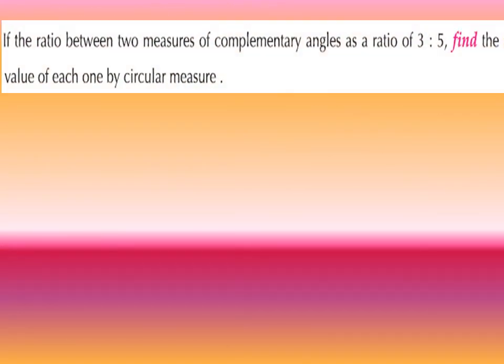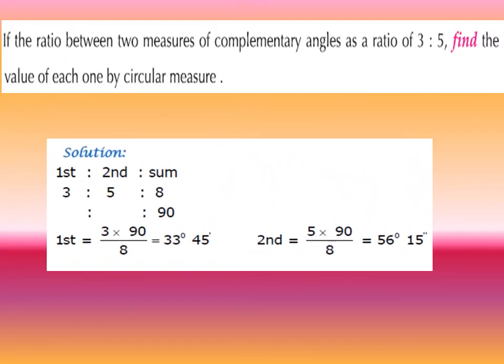Example: if the ratio between two measures of complementary angles is a ratio of 3 to 5, find the value of each one by circular measure. Solution: two complementary angles are two angles whose sum of measures is 90 degrees.